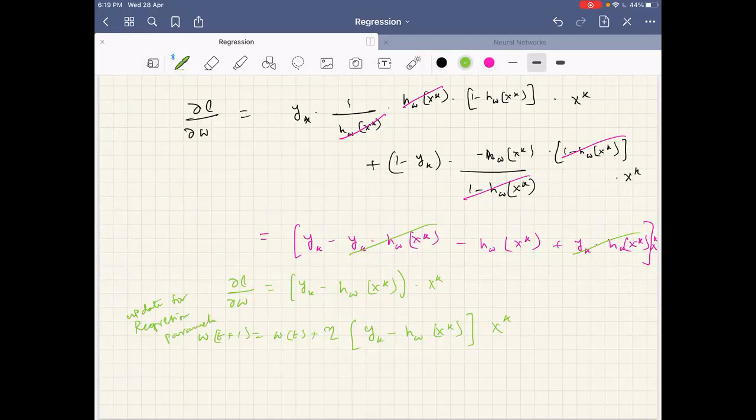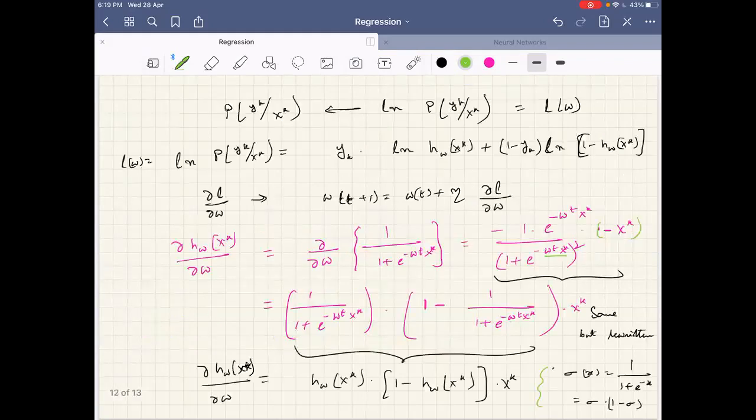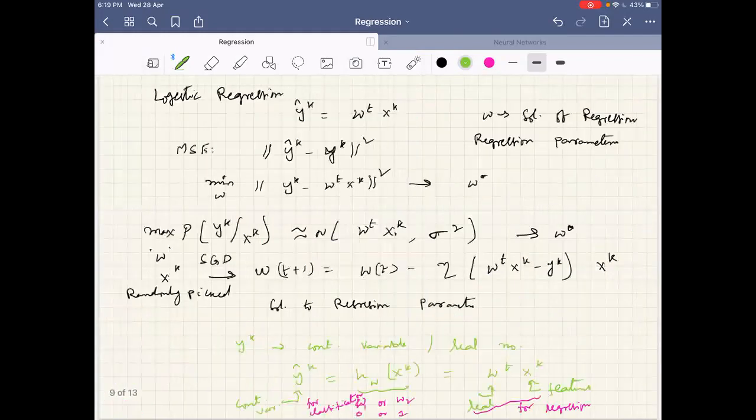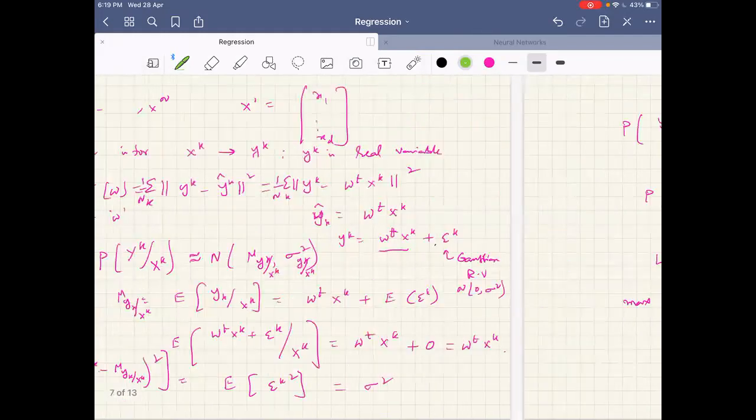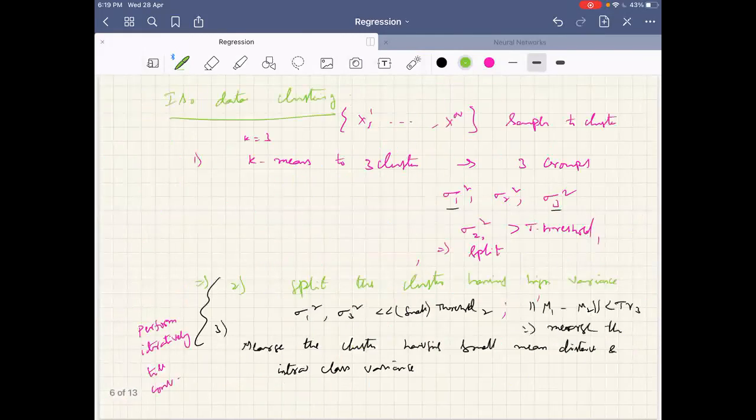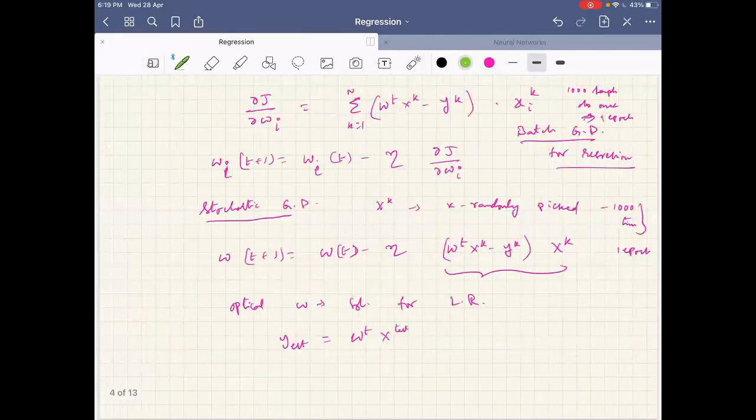Right, and please note that this kind of expression for update of weight vectors we have also seen earlier. So when did we see? If we see much before, for logistic regression, whatever we have seen, but if we see for the conventional regression, we have exactly the same expression.